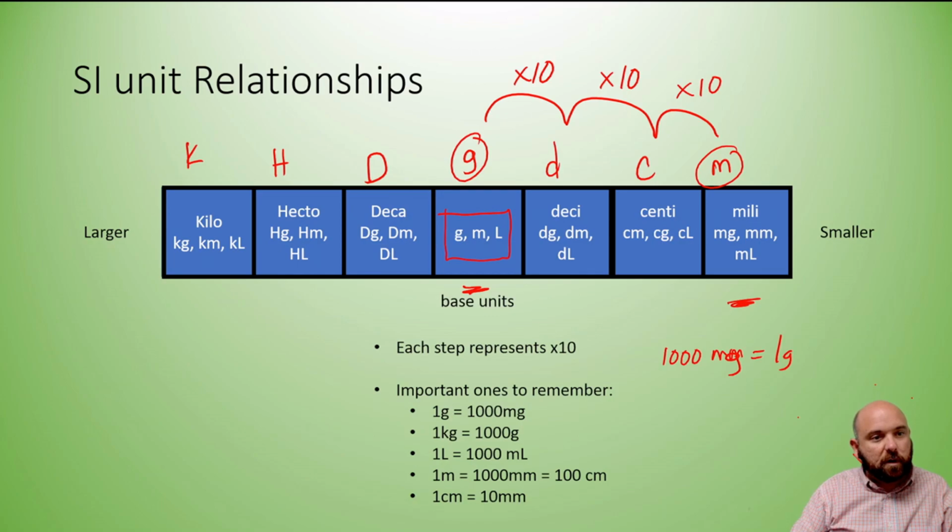I said millimeters, sorry, I'm talking grams. All you have to do is figure out how many steps away there are and multiply that many times by 10. And you have to keep straight in your head which is the bigger unit and which is the smaller unit, which you would have more of and which you would have one of, to do those relationships.